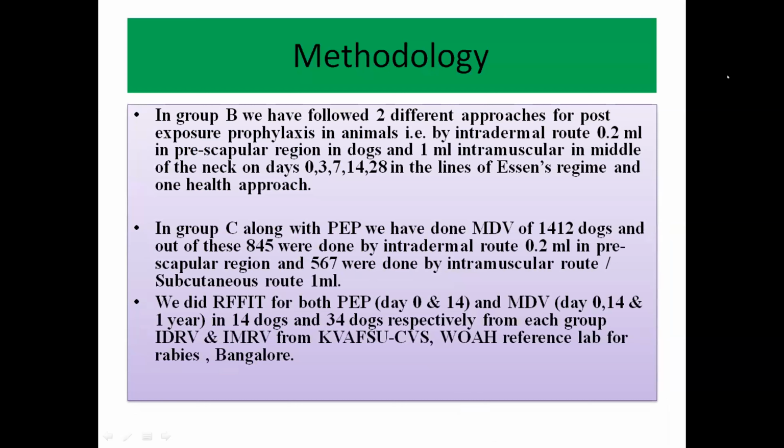In this study, we included 1,412 dogs. We did mass dog vaccination, and 845 dogs were injected by the intradermal route, and 567 dogs were injected by the intramuscular route. Local wound infiltration with ERIG was also done in category 3 bite victims.